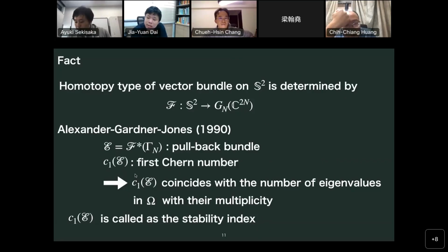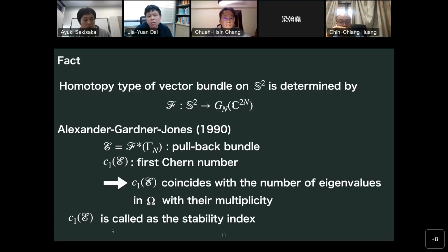The first Chern number characterizes the homotopy type of a complex vector bundle, and it is given as a positive integer in this case. Alexander, Gardner, and Jones showed that the first Chern number of such a pullback bundle coincides with the number of eigenvalues in omega with their multiplicity. In this case, we consider the two-dimensional sphere containing omega.